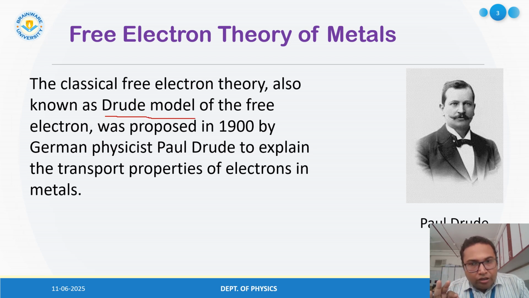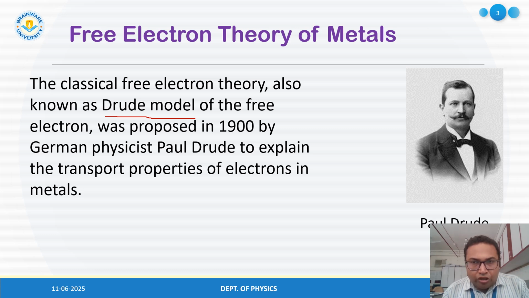Now, this particular model only considered the classical theory of physics, and therefore sometimes it's also called classical free electron theory. Remember, this is a very subtle point: this model is entirely based on classical theory. There is no quantum theory involved at all, and that is why it's mostly known by two names. One is, of course, the Drude model, and the other one is classical free electron theory.